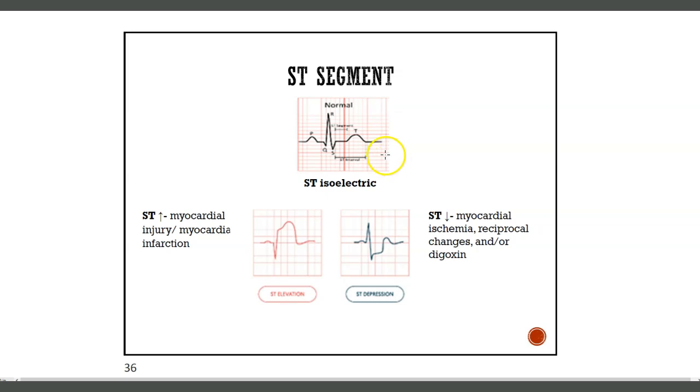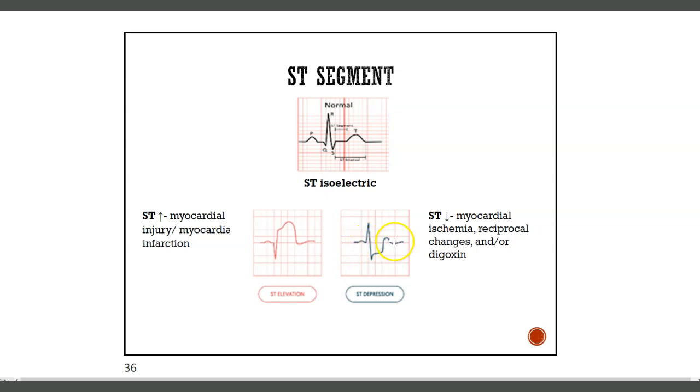Now, when it comes to ST elevation, it's literal. The ST is elevated. So when you draw a straight line where the PRI is, you have to look at your ST and it will be higher than that. When it comes to ST depression, it's the opposite, right?